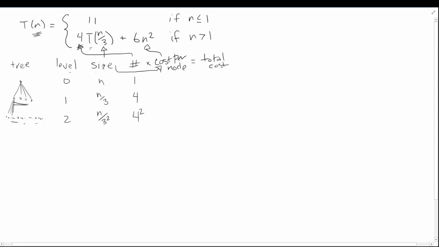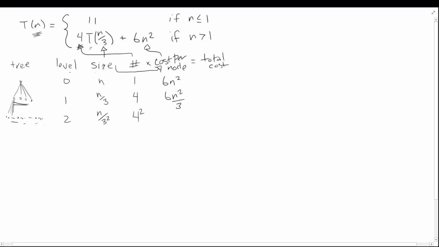In this case, our cost per node, so our first time around, we can write down, yes, our 6n squared, but we don't want to just write 6n squared again. That would be wrong. At least it might simplify it in a second, but at this point we want to be careful. This should be over, and now I want to be very careful. I want to write 3, but if I write 3, I'm being sloppy again.